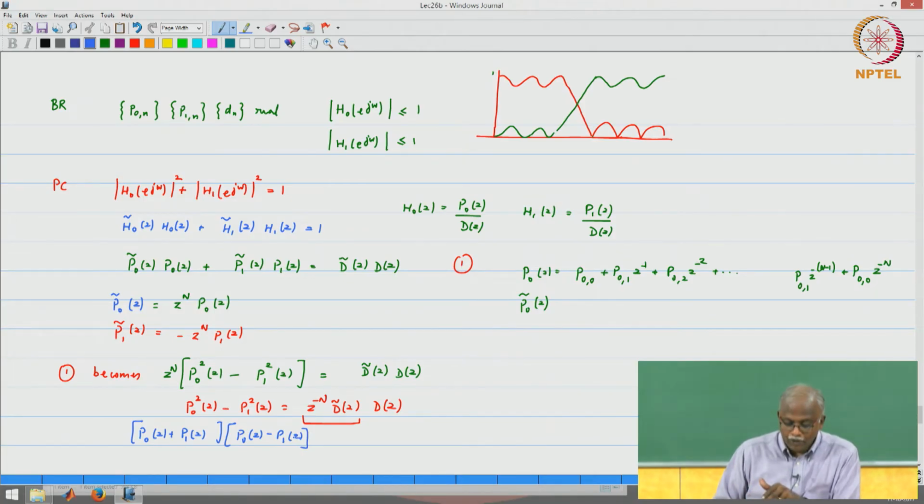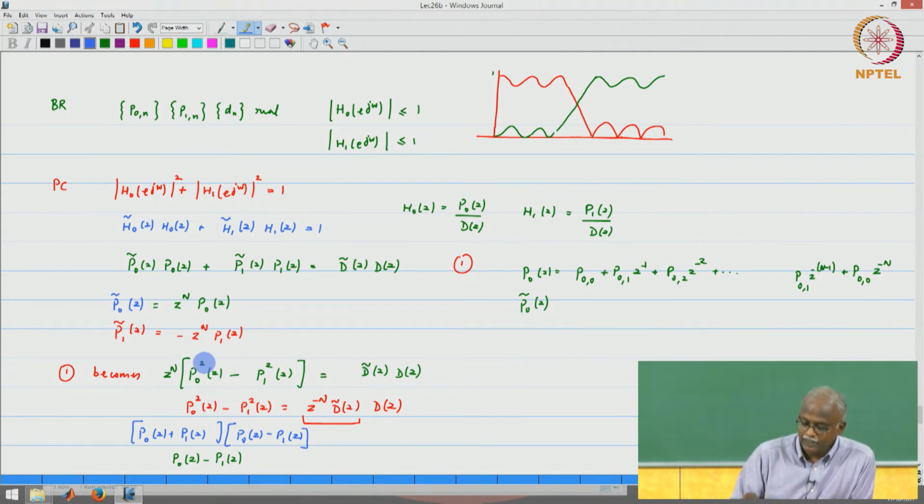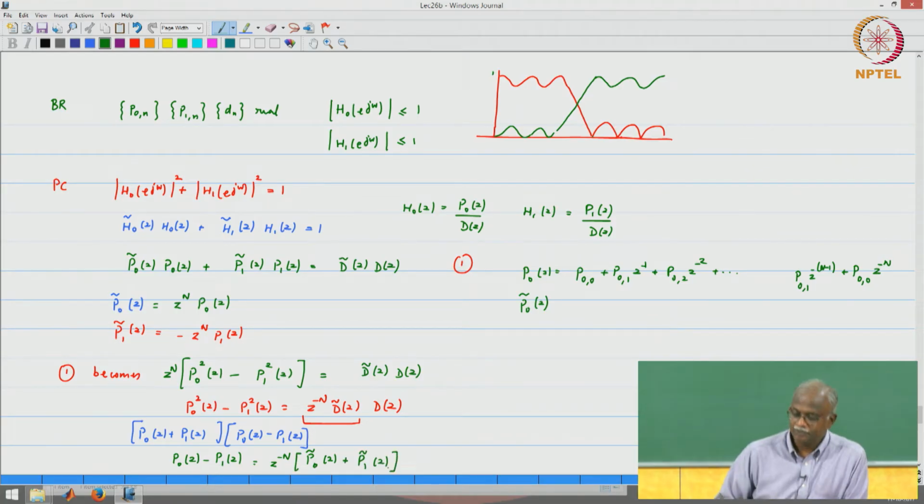Now, there is yet another interesting flavor to this particular discussion. Let me just add that also here. P0 of z minus P1 of z, if you use the results that we obtained just a few lines earlier, remember these results, is equal to z^-n times P0 tilde of z plus P1 tilde of z, even better.